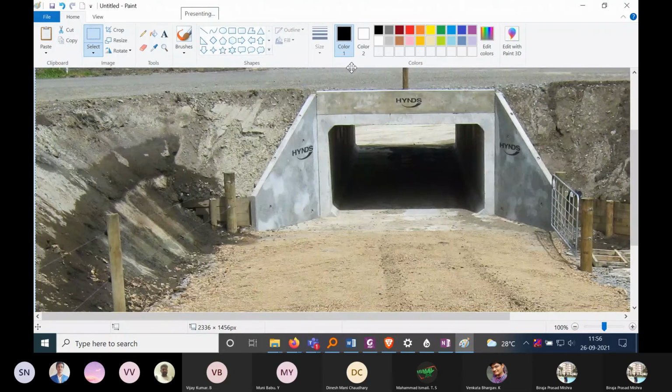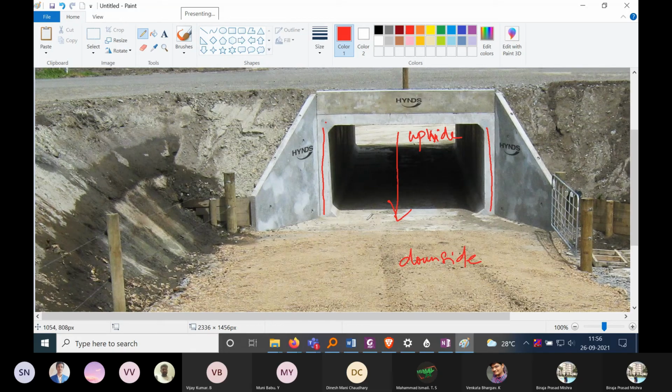Let us say the water is going in this direction, for example, coming from the upside, and let us say this is the downside. So water is coming from this side to this side. That water will definitely have some pressure on the side walls.